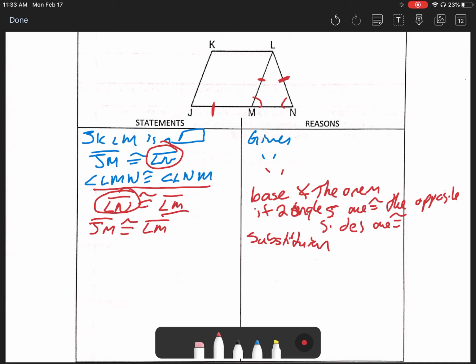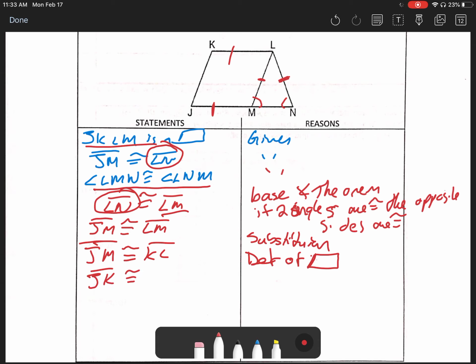Now that we have two sides congruent, we have to show that all four sides are congruent to each other. Because JKLM is a parallelogram, we know that JM is also congruent to KL, definition of a parallelogram. And we also know that JK must be congruent to LM, also definition of a parallelogram.